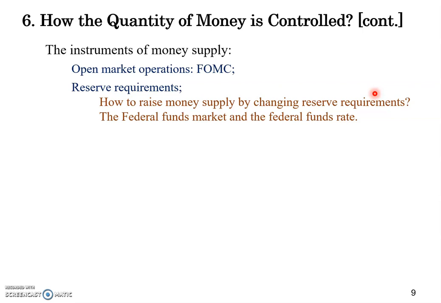So here, what we find is Bank of America is running $1 million short to meet the requirement, and there are several options they could take. One option is to go to this market called the federal funds market, where you can find other commercial banks. Some of them, just like Bank of America, are running short of the reserve requirement, so they go there trying to borrow money from other commercial banks.